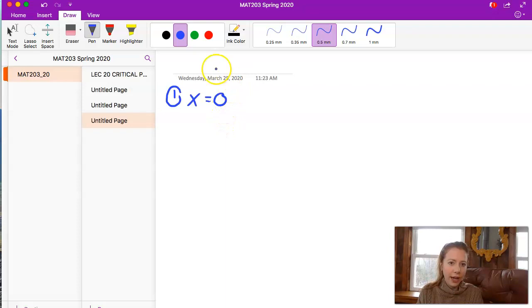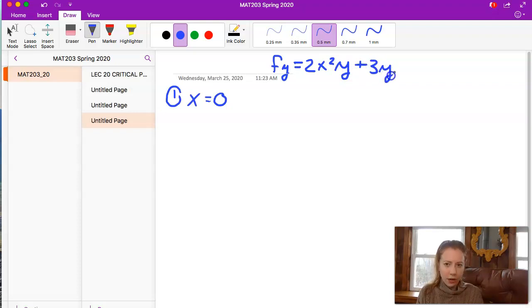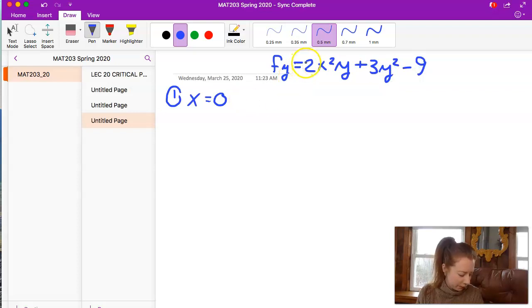And we're going to plug that into our partial with respect to y. Remember, I'm just going to write it up above so we can refer to it. Our partial with respect to y was 2x squared y plus 3y squared minus 9. Okay, so we set that equal to 0.